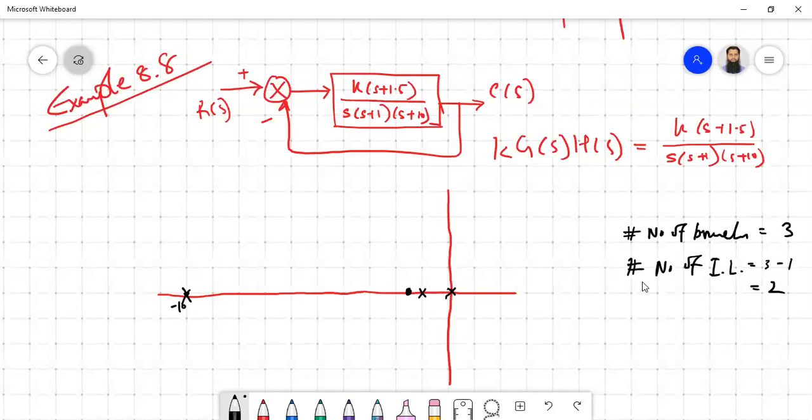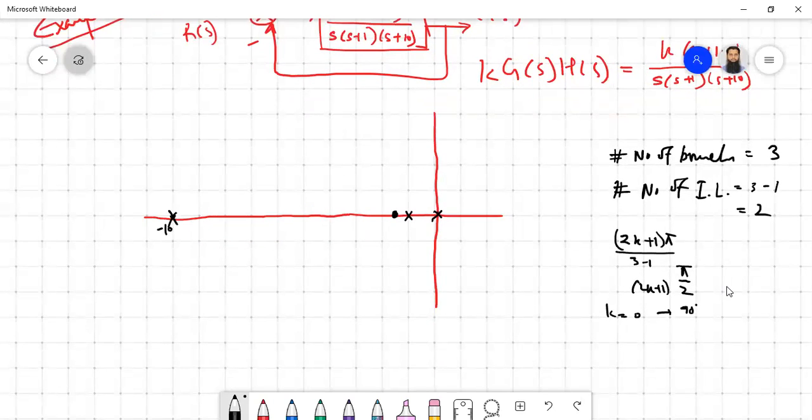And the angle should be twice k plus 1, over 3 minus 1, into pi, so basically pi by 2 into twice k plus 1. So if k equals 0, then the angle should be 90 degrees.